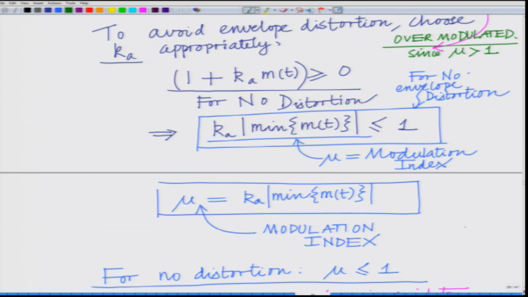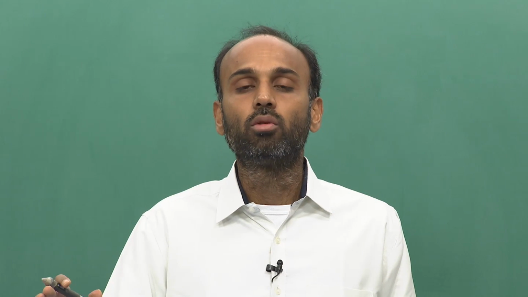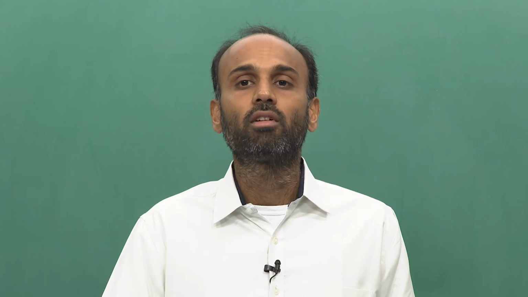Alright. So, we have seen two scenarios with a message signal cosine pi t, where the magnitude of the minimum of Mt is 1. When Ka equals half, this is under modulation, this is normal, there is no distortion. However, when Ka equals 3 by 2, the modulation index mu is Ka times 1, that is 3 over 2, which is greater than 1. So the resulting modulated signal, the resulting carrier, is over modulated, and that leads to phase reversals and envelope distortion.